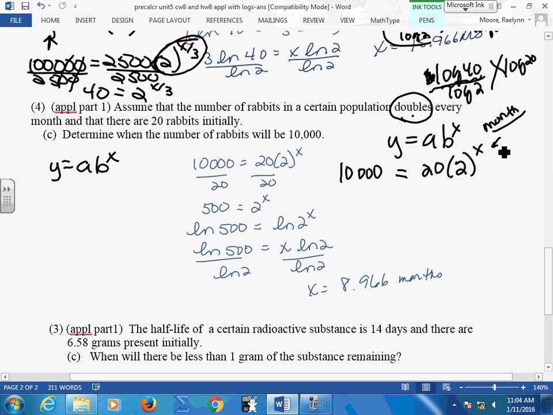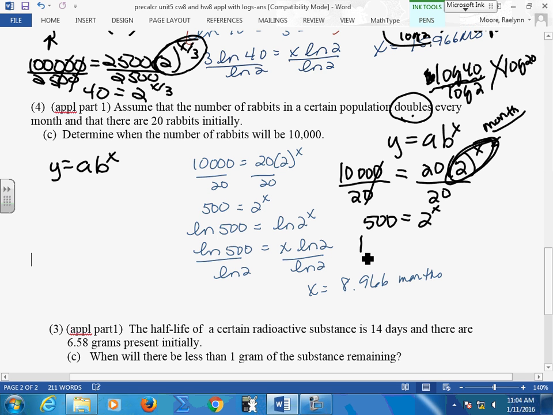Now, remember your exponent only belongs to that too. So what am I going to do first? Circle this part. I need that by itself. What do I got to get rid of? The 20. So since they're multiplied, let me divide by 20. So now I made my life very nice and simple. How do I bring down that exponent? A log.